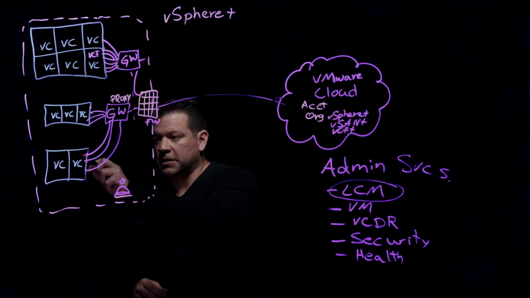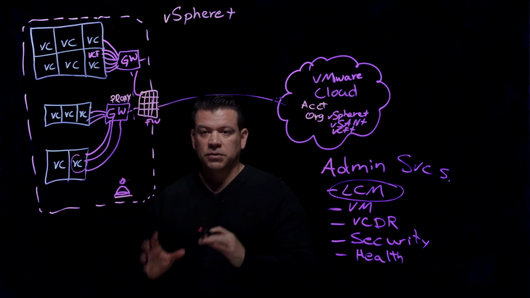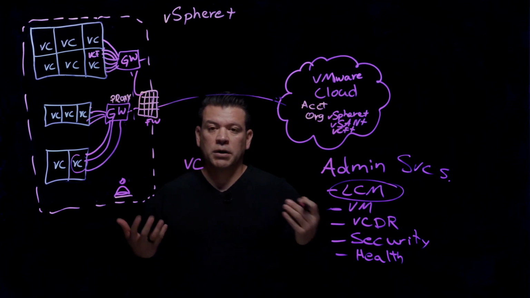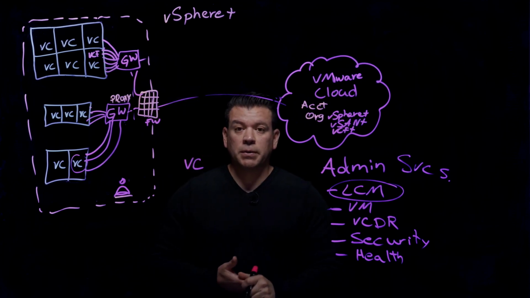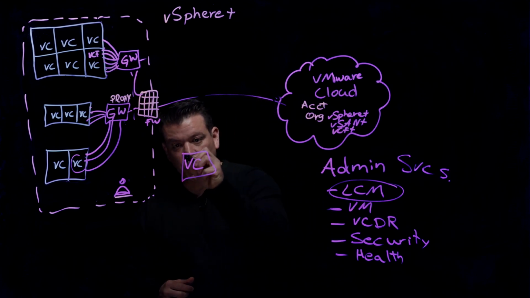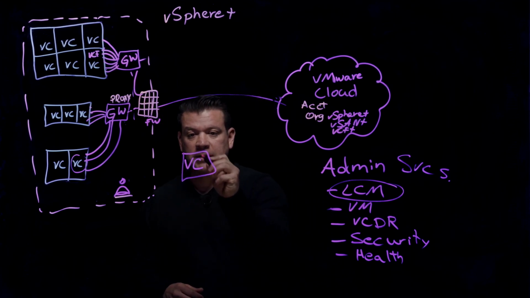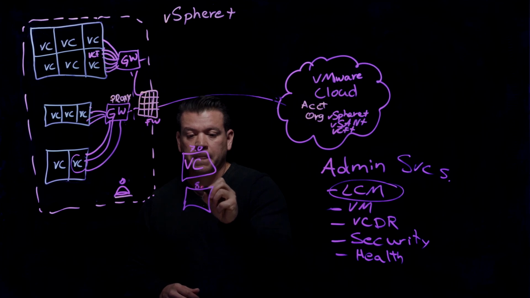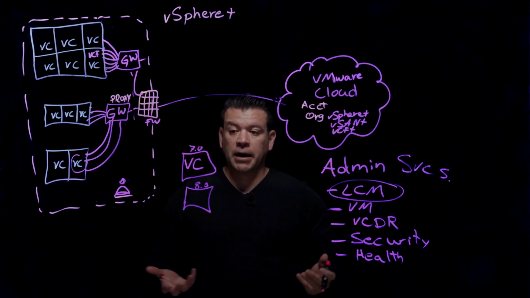Let's take one of these vCenter servers and move it over here just to highlight. When I have a vCenter and I want to upgrade, let's say I choose to do a migration-based upgrade. I'm going to take this VM, let's say it's version 7.0, and I want to move to version 8.0. Those versions are out already.